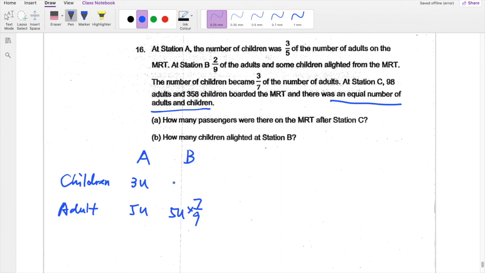And for the children, 3U minus some children, we don't know how many, right? But here he gives some hint, saying the number of children becomes 3/7 of the number of adults. So we can use this one to represent how many children, right? Which is 5U times 7/9 times 3/7, right?